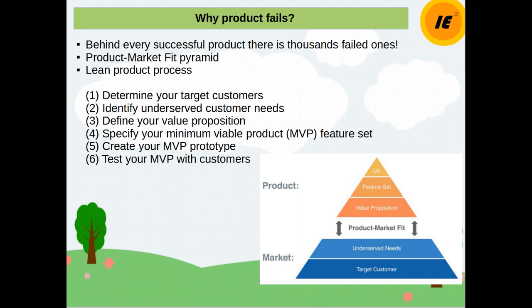In the figure you can see the framework which we call the product market fit pyramid. It breaks product market fit down into 5 key components: your target customer, your customer's underserved needs, your value proposition, your feature set, and your user experience, UX.